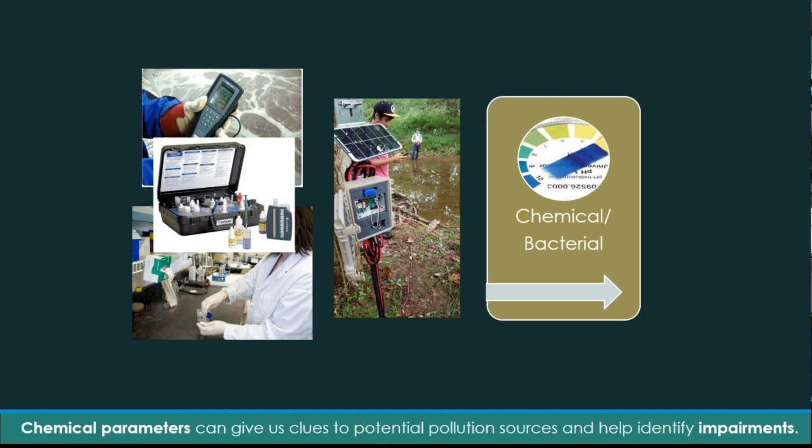Some groups have continuous monitoring sensors installed in the water, and they send that data by 4G to your computer. It's wonderful. You can even send your data out to a certified lab. But in all of these cases, what you're doing is you're going out into your stream, you're taking a sample, and you're trying to determine what the water chemistry looks like at that point in time.